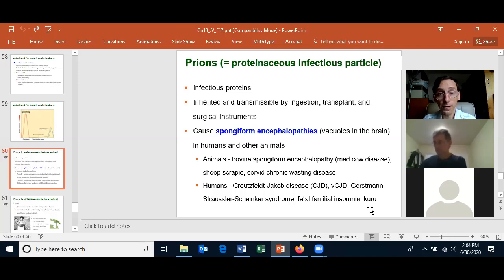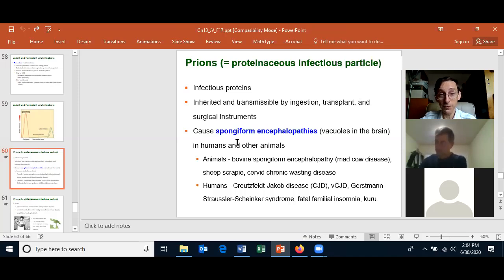And how you get a prion is mainly by ingestion of the infectious protein or by inheriting a defective gene, which when you're young, appears to function normally, but over time can fold into the prion protein, and then you can get prion disease. It can be done by transplants or surgical instruments where you're passing on the prions and the patient becomes infected.